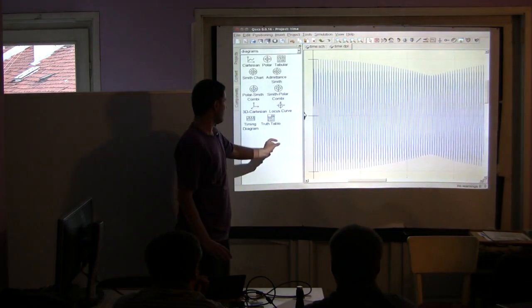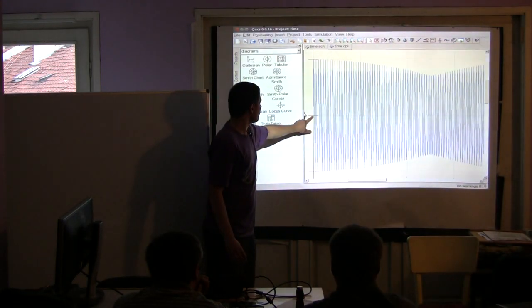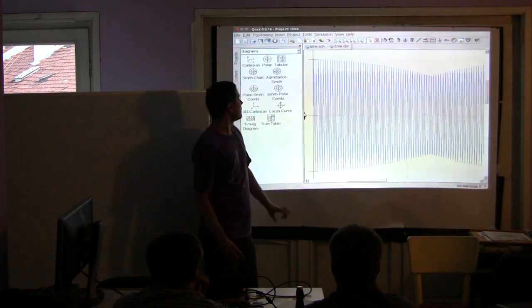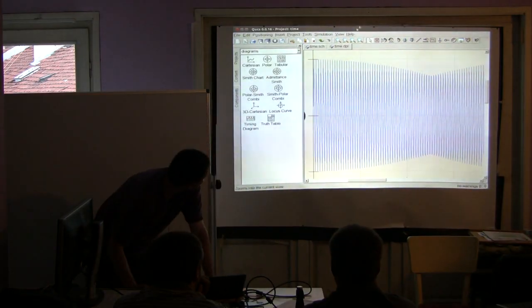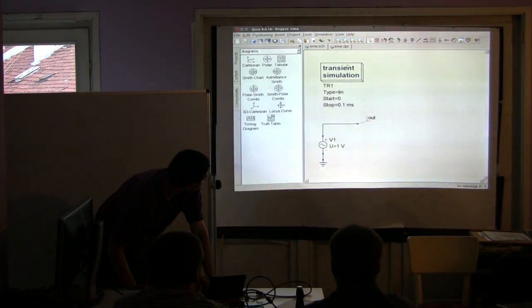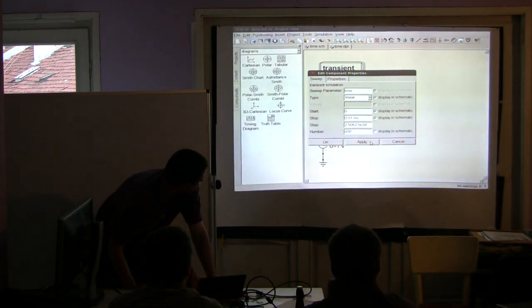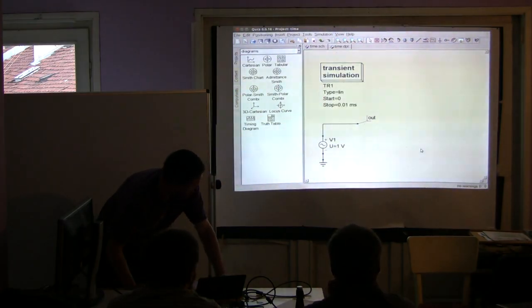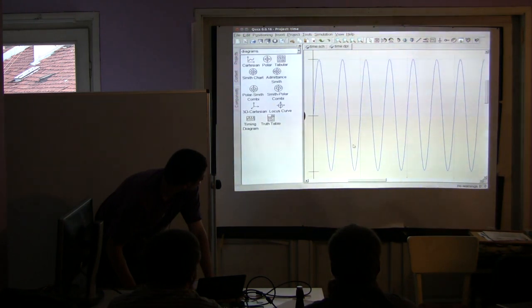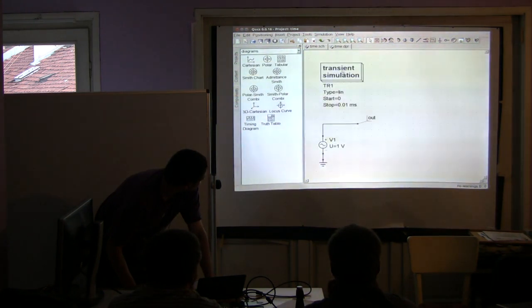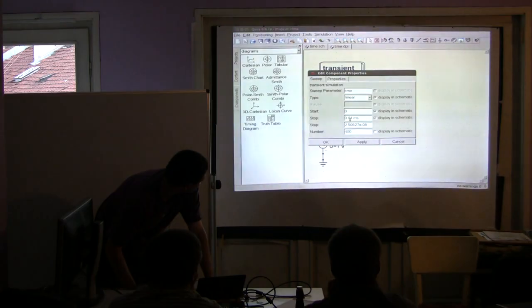Actually, the period is from here to here, and now you have to change a little bit my mathematical setting, so it's a little bit better. We can even improve it.